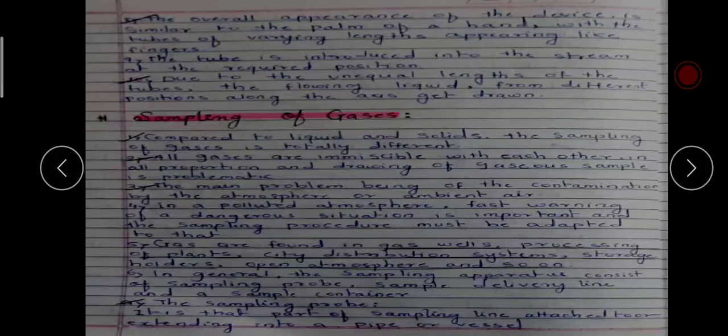First of all, we have to see the sample probe. The sampling probe is that part of the sampling line attached to or extending into a pipe or vessel. This is called a sample probe.